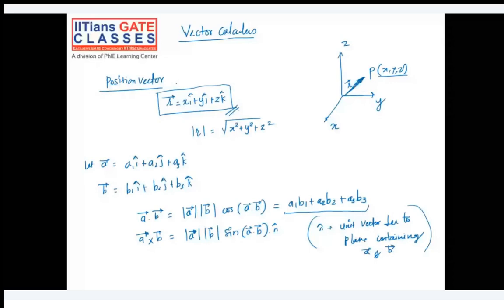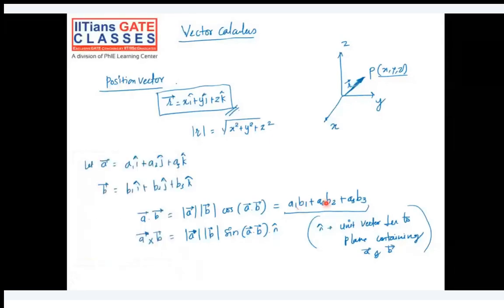Basically it's like a cosine component, and in the dot product we just multiply the components in the i direction, that is x direction, y direction, and z direction. So it will be a1 b1 plus a2 b2 plus a3 b3. The outcome of this will be a scalar quantity.